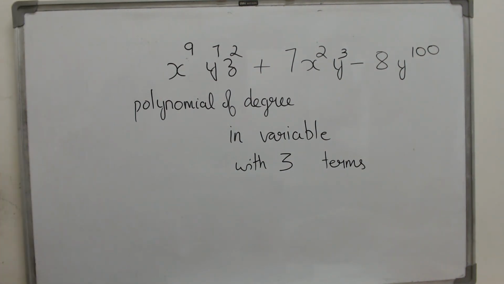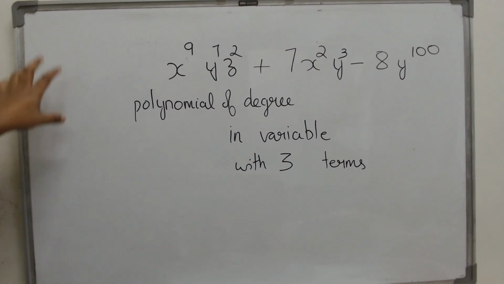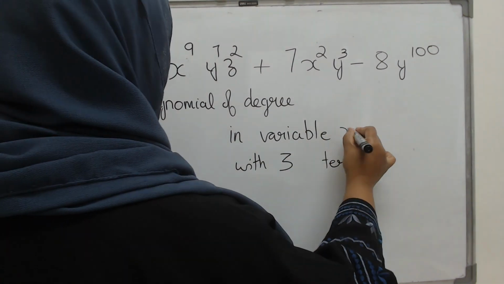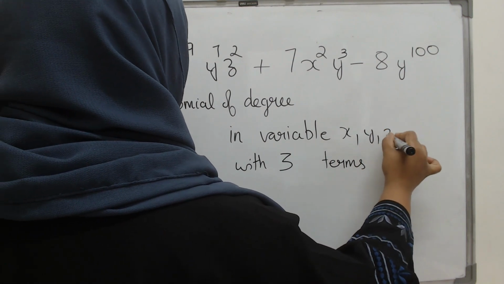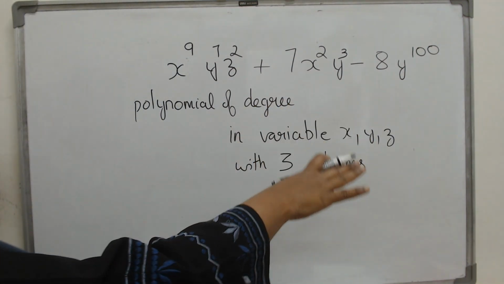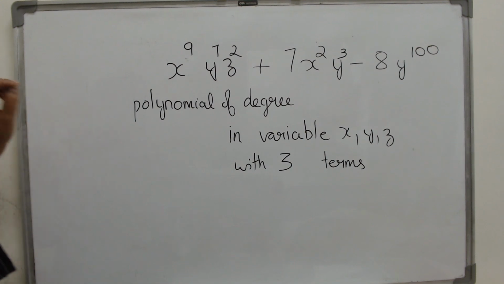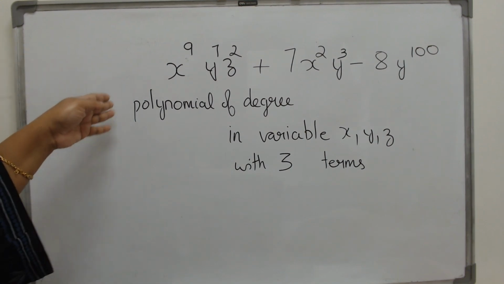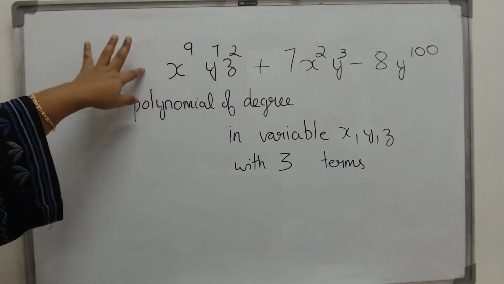One term, monomial. Two terms, binomial. Three terms, it is known as a trinomial. What variables? You see an x, you see a y, you see a z. So in three variables. Now we come to today's topic, which is the degree of this polynomial.